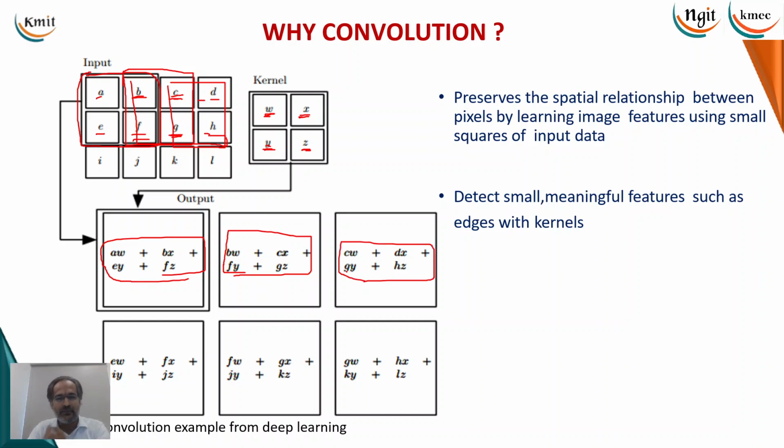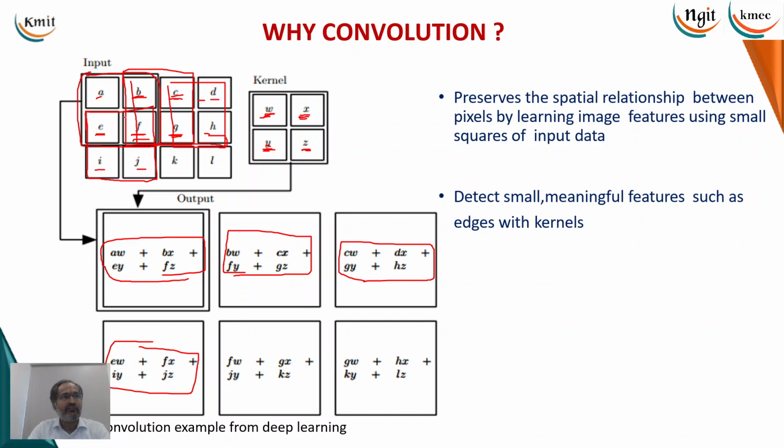In a similar way, after completion of this, we reach the end on the right-hand side, so we have to move down. We move 1 pixel down at the left side. Now EW plus FX plus IY plus JZ. This will be the result.